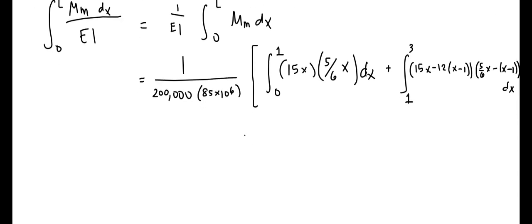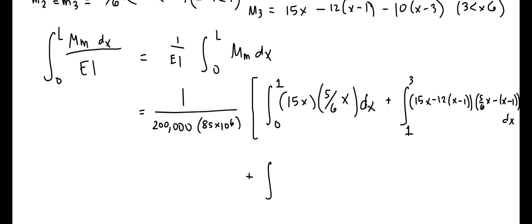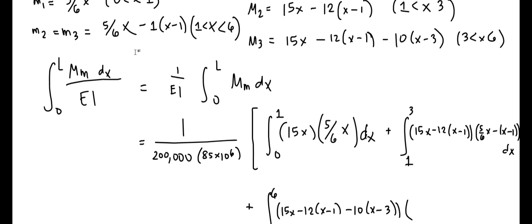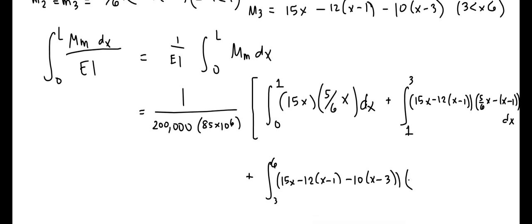And then we add this up to the last integral between 3 to 6. So we have M3 that is equal to 15x minus 12 times x minus 1 minus 10 times x minus 3 multiplied by small m3 that is equal to 5 over 6 x minus x minus 1 dx.